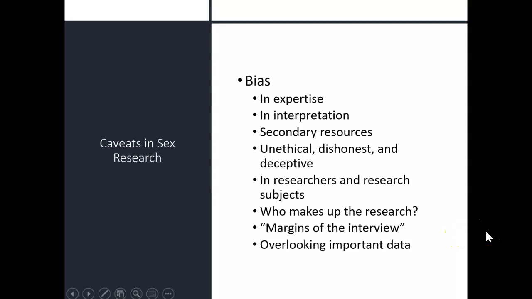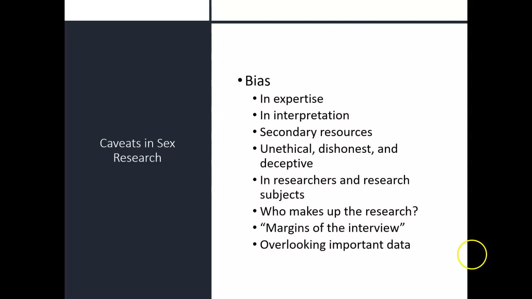If, for example, you have a researcher who's biased in terms of a political or personal agenda, and they want the findings to look a particular way, they may fudge the data or make data up. And unfortunately, that has happened not just in psychology, but throughout science for as long as there have been scientists.